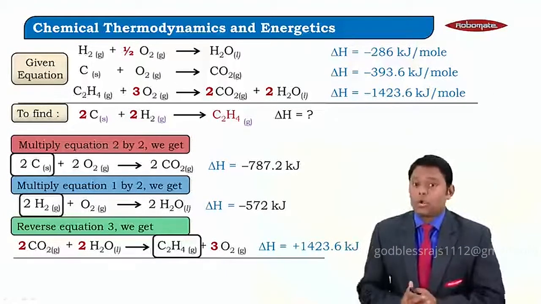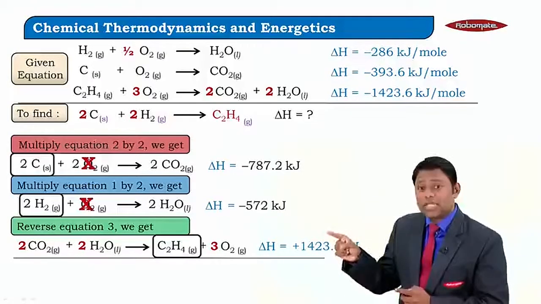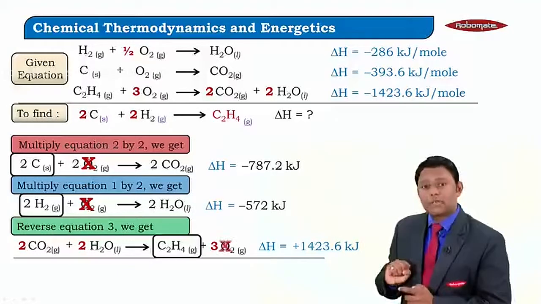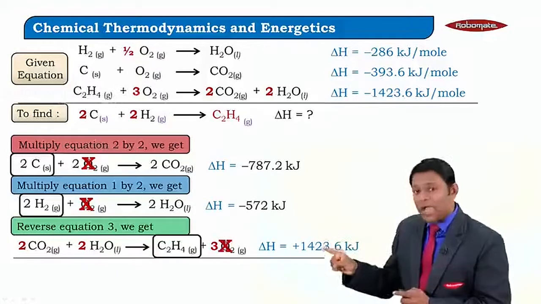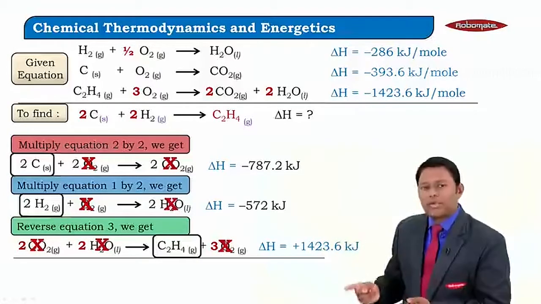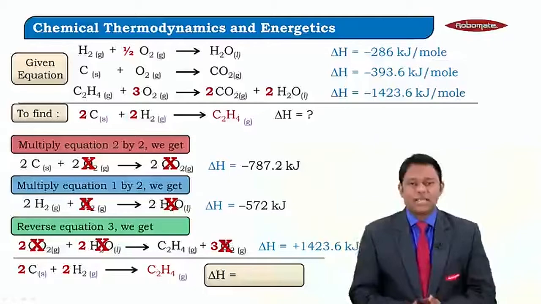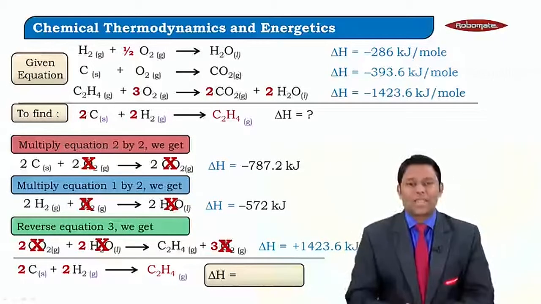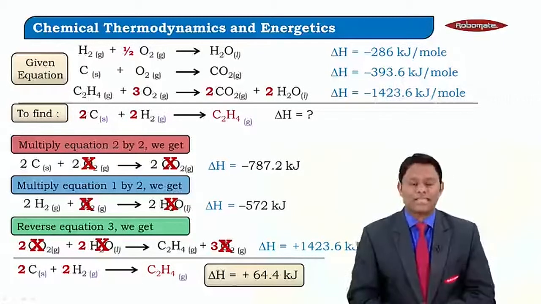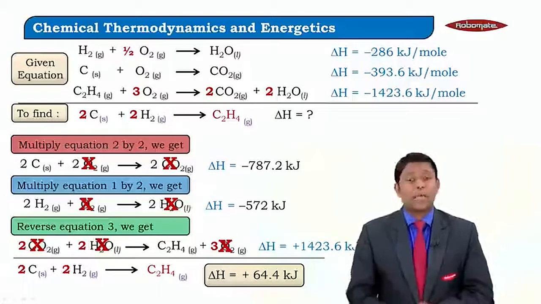Other things we do not want. The 2 oxygen plus 1 oxygen, that is 3 oxygen, gets cancelled by 3 oxygen here. 2 times carbon dioxide and 2 times carbon dioxide also cancel, and 2 times water and 2 times water also cancel. So we are left with our required equation. Simply doing additions and subtractions, we get the final answer as 64.4 kilojoules. So this is how the sum has to be solved.